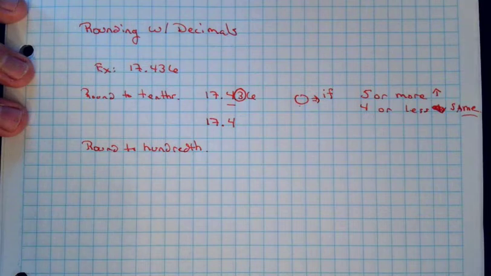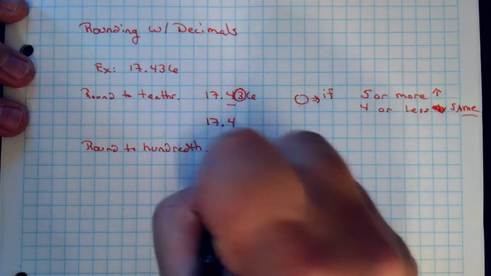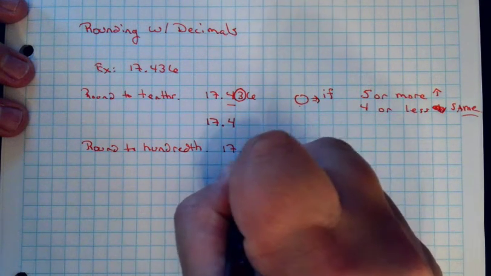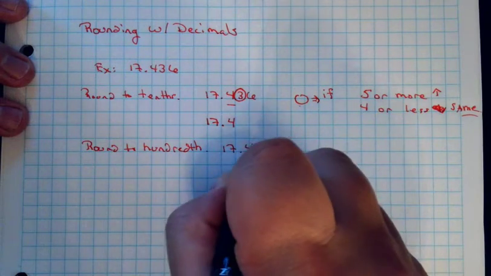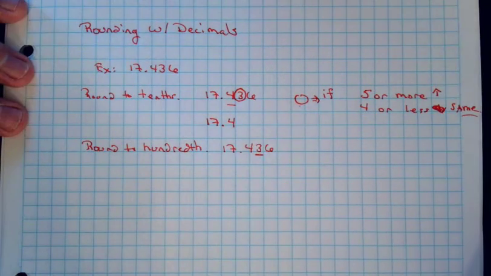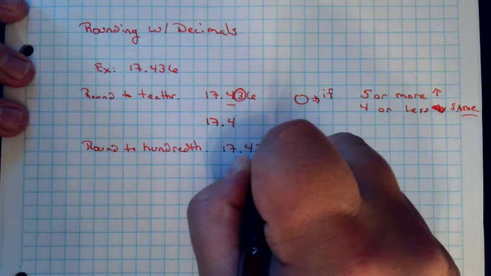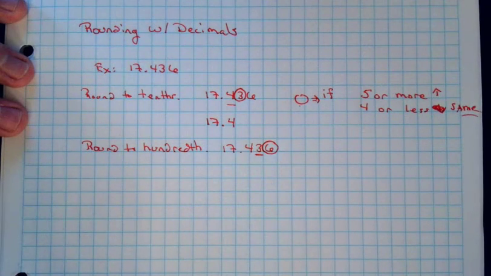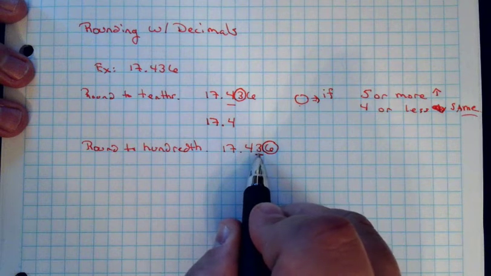Okay, if we want to round to the 100th, we go ahead and take a look. So here's our 100th spot. We're going to look at the number to the right of it, and we're going to say, is it 5 or more? In this case, it is. So since it is, this is going to go up.